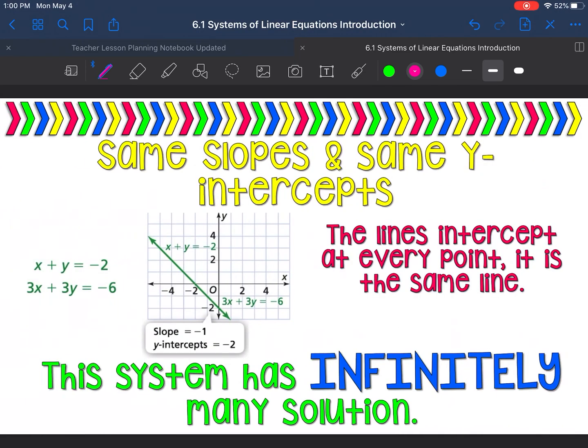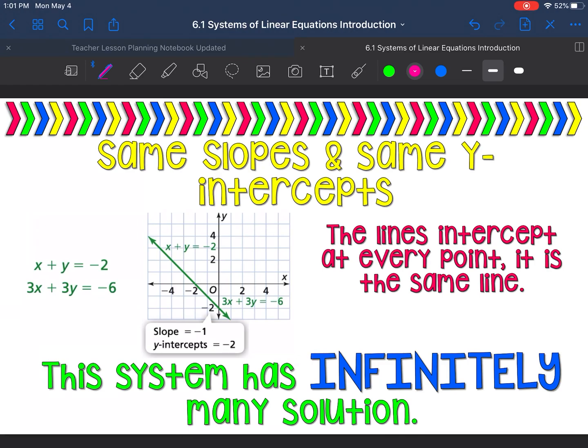Okay, let's move on and look at what happens when we have the same slope and the same y-intercept. As you can see, I only have one line here. That's because if I put both equations into y equals mx plus b, it'll give me the exact same equation. Therefore, the lines intersect at every single point because it's the same line.